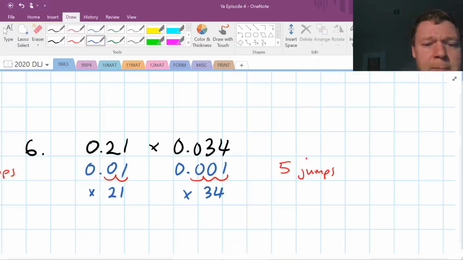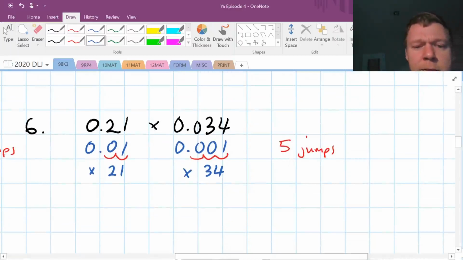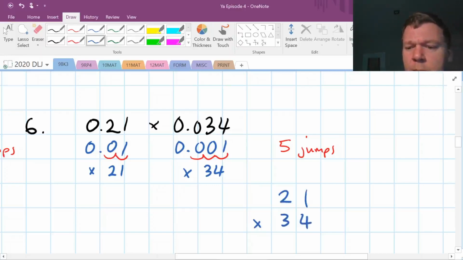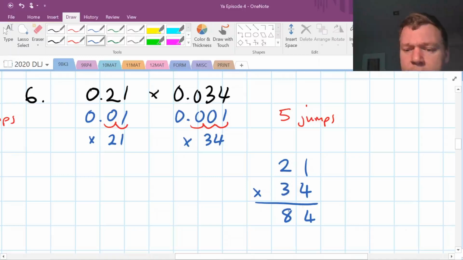And then we can take the 21 times 34 and just do that on the side. And then we'll apply the 5 jumps afterwards. 4 times 1 is 4. 4 times 2 is 8. Move on to the 3.